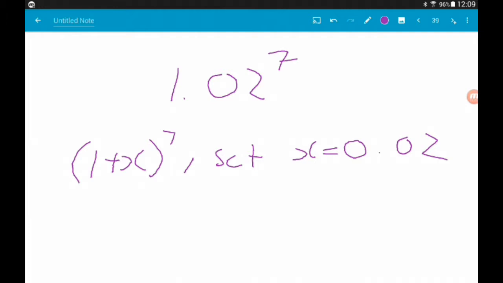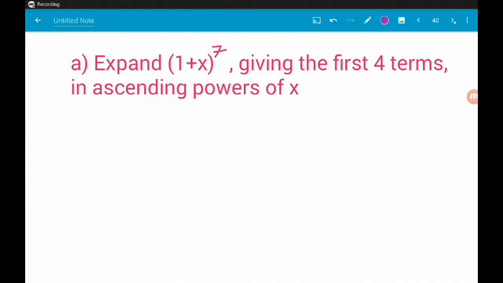So let's actually go ahead and do this. Okay, so for part A we want to expand 1 plus x to the power of 7, giving the first 4 terms in ascending powers of x. So, well, let's do this. We've been doing this a lot now. So we are going to get 1 plus x to the power of 7.